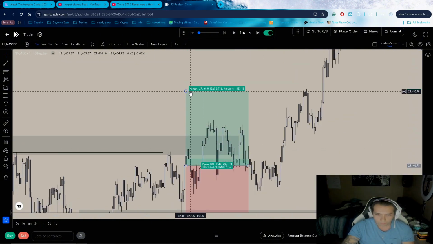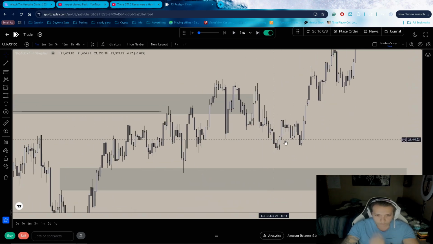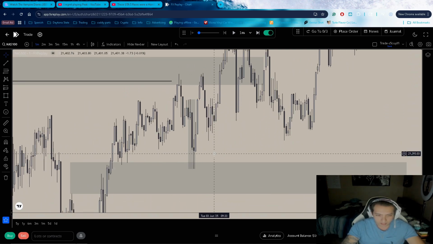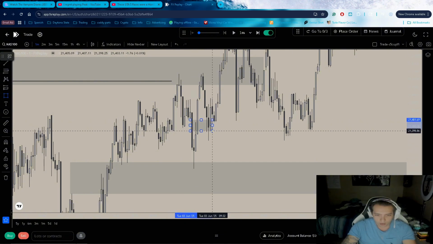Stops right here. Break even, take profit, whatever. Doesn't matter. But why is this valid? Because this is my manipulation leg that just tapped into this fair value gap, taking liquidity, and then we get an inversion on our biggest time frame afterwards from, once again, the manipulation leg.